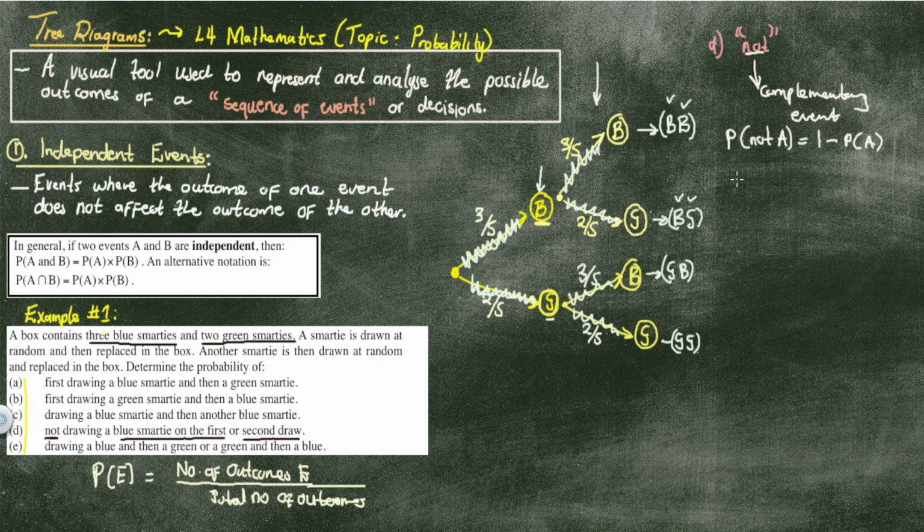But now, here we want the probability of not choosing a blue first, then another blue second. It's going to be 1 minus the probability of B and B. So the answer is going to be 1 minus the probability of B and B, which we calculated as 9 over 25 in C. So let's get the answer: 1 minus 9 over 25.